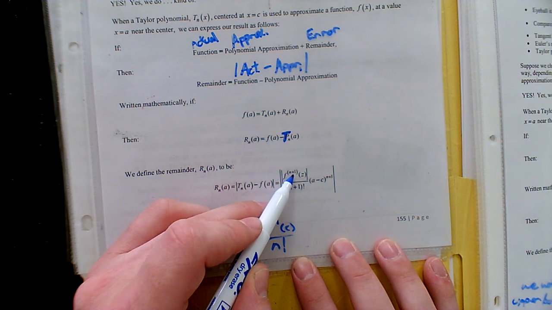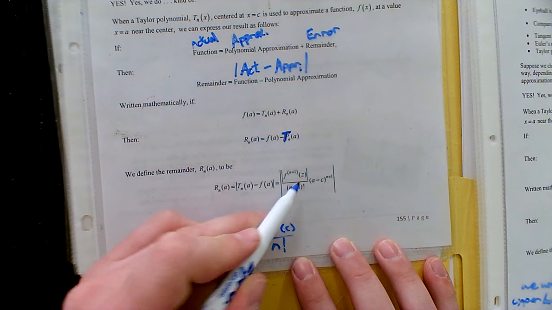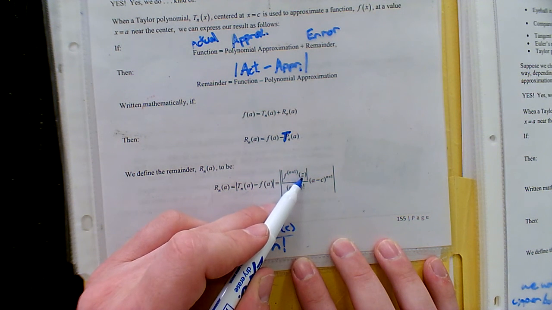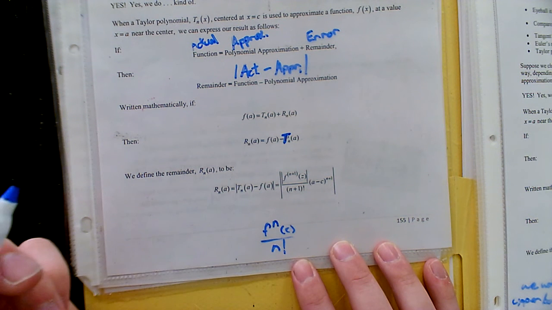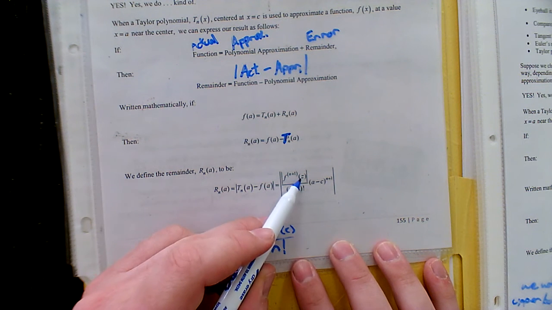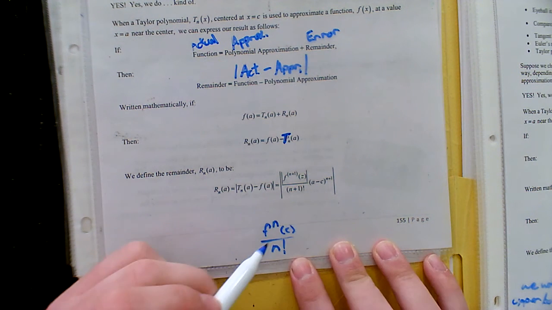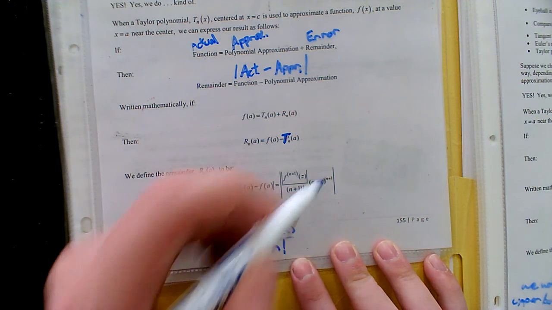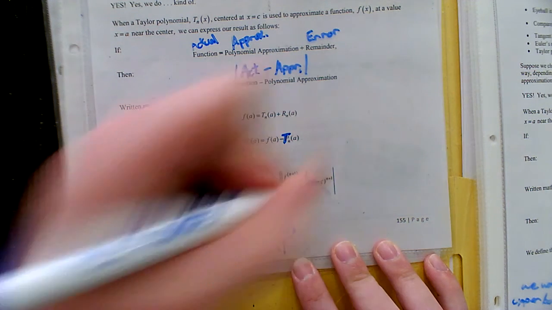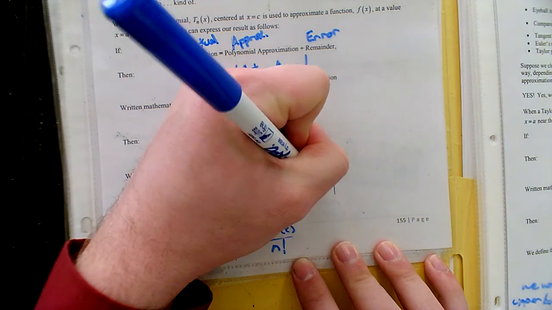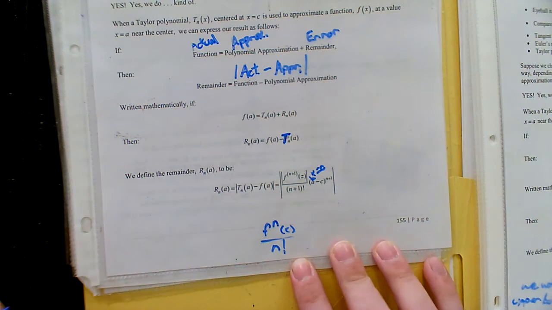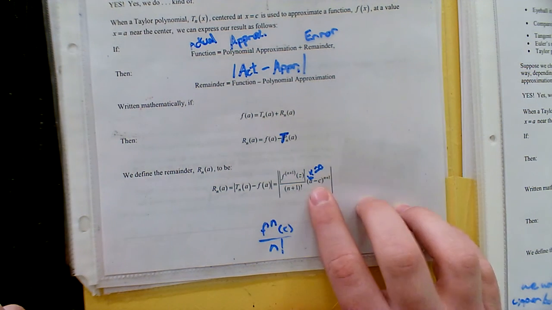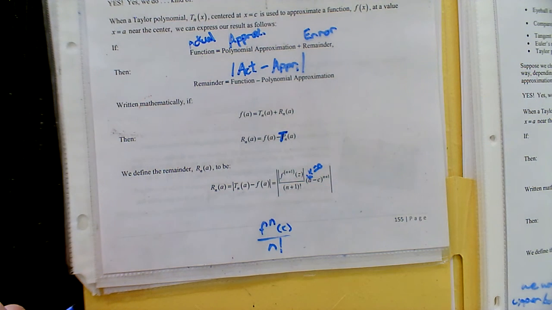This is the nth plus 1 derivative instead of the nth derivative. We have some term z here, and we're going to talk more about that. We don't actually know what that value z is. And then a, this is the value that we're plugging in, some x equal to a. So this will be plugged in instead of being left as an x, like in the Taylor series.